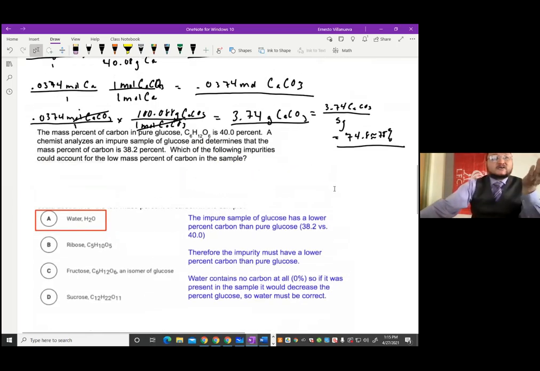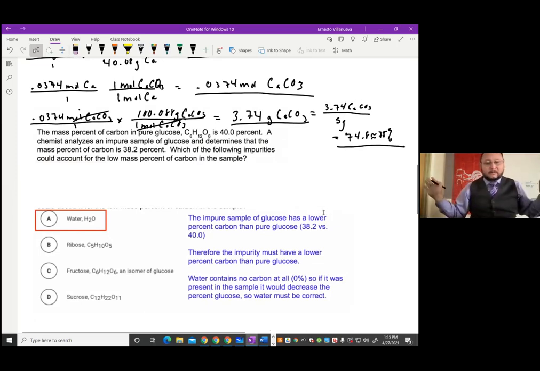In this case, the answer is water, right? It says the impure sample of glucose has a lower percent carbon than pure glucose. Therefore, the impurity must have a lower percent carbon than pure glucose. Water contains no carbon at all. So if it was present, it would decrease the percent carbon. So water must be correct.